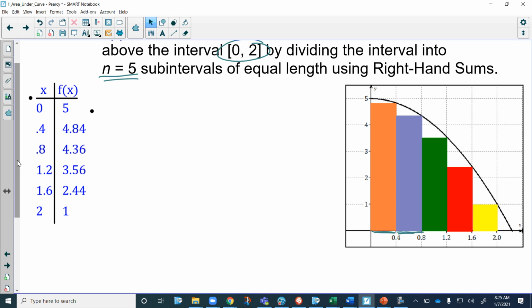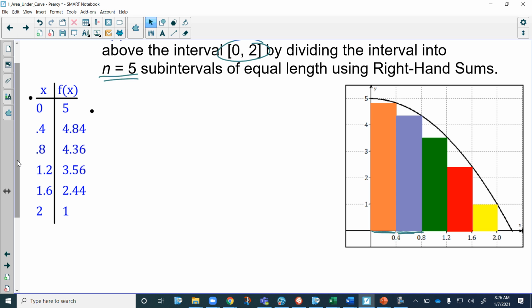The heights that we're seeing in the table come from me taking the input values and plugging them into the function.